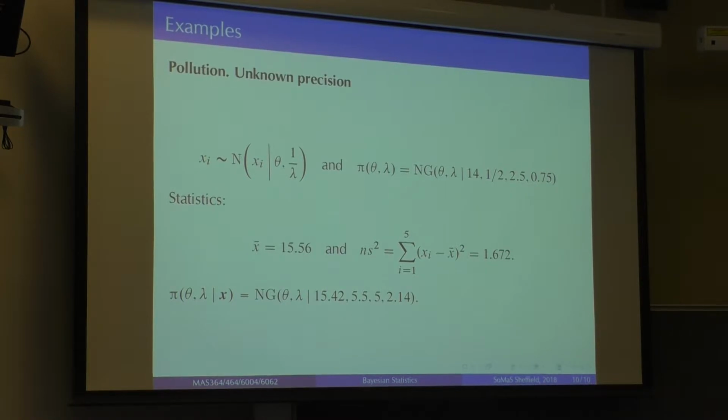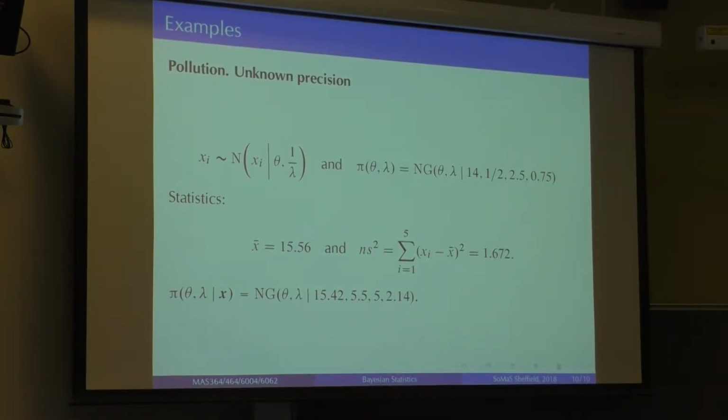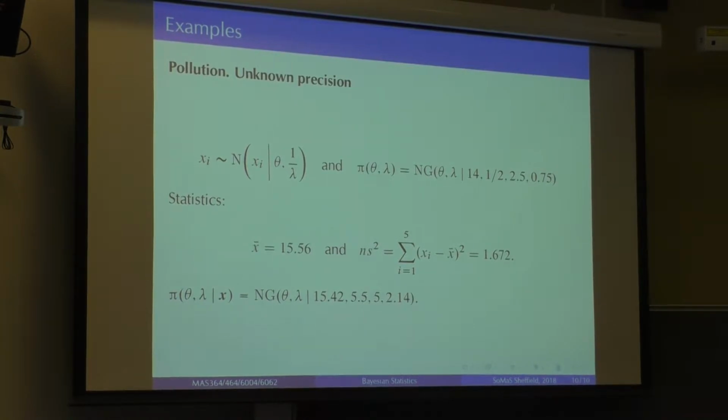So this is the prior that was elicited, and we know that this is a conjugate prior, so the posterior distribution is also a normal gamma with updated parameters, okay? So now we have a posterior distribution of dimension 2. And if we want to make inference, the only thing we need to do first is to marginalize to the quantity of interest.